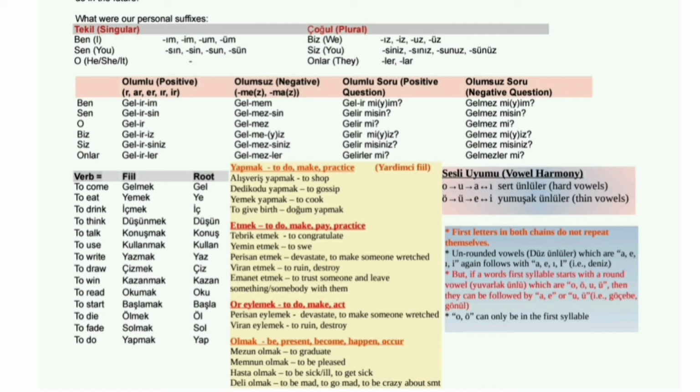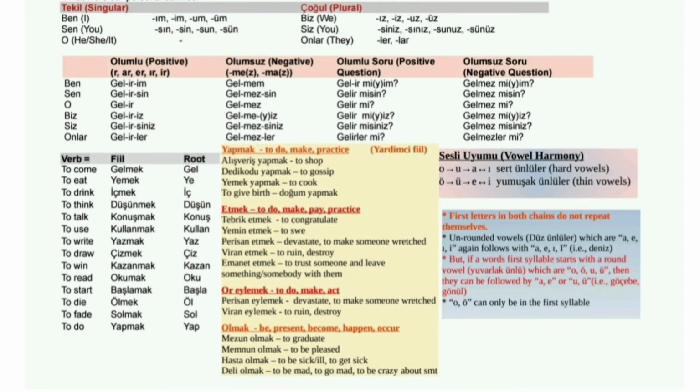There's another verb like this, etmek. This can mean to do, to make, to pay, to practice, depending on the context. So, for example, tebrik etmek, to congratulate. Yemin etmek, to swear.